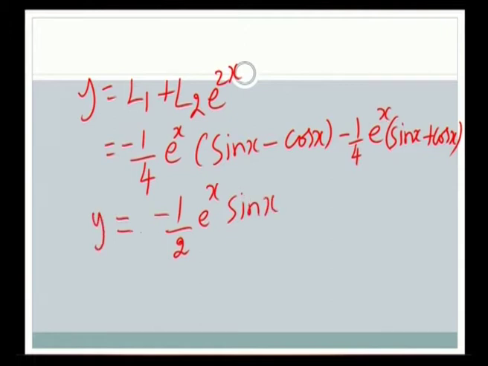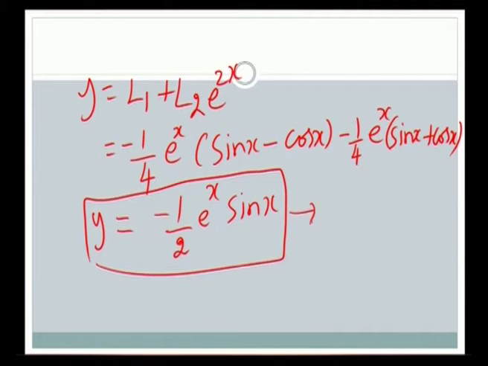So, y is equal to minus 1 by 2 e power x sin x. This is the particular integral of the given non-homogeneous differential equation.